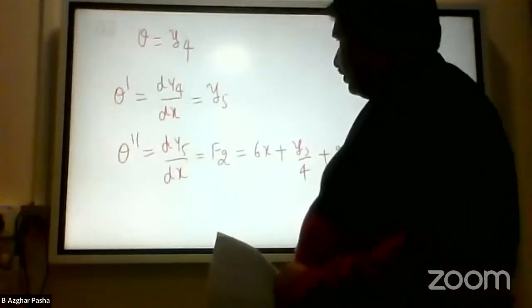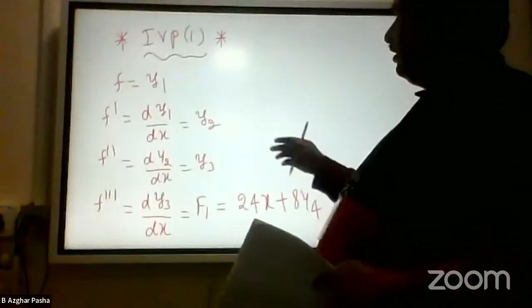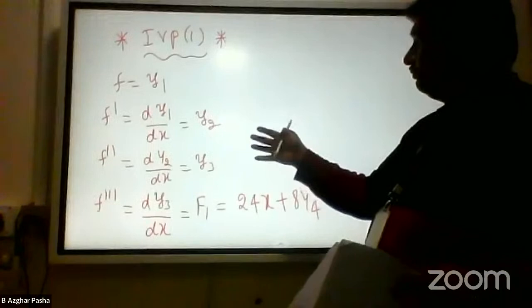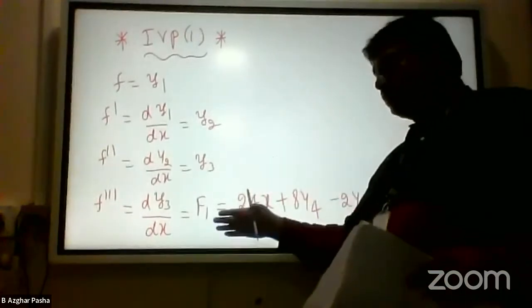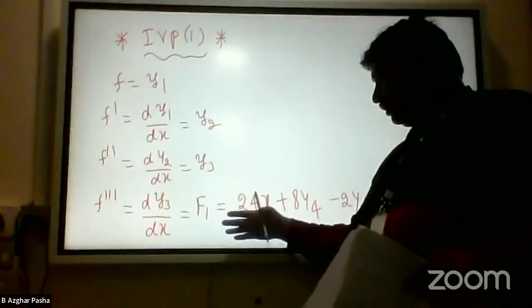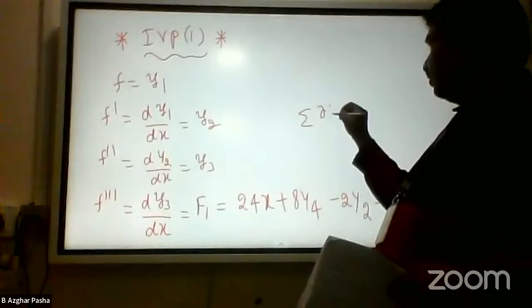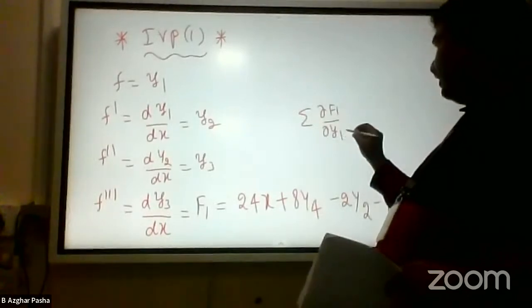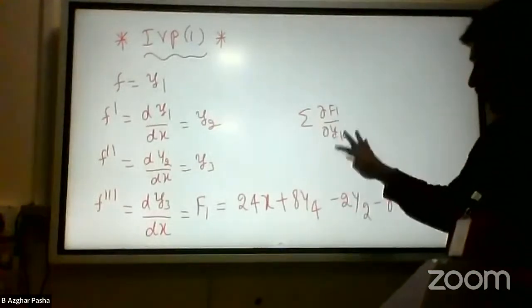I have told you, remember, u is the counterpart of this. When I'm writing u1, u2 here, u1, u2, u3, at this stage you have to write the corresponding thing. What was that? Summation of dou f1 by that variable dou y into something, ui was there. Related to problem 1, the same concept should come here.